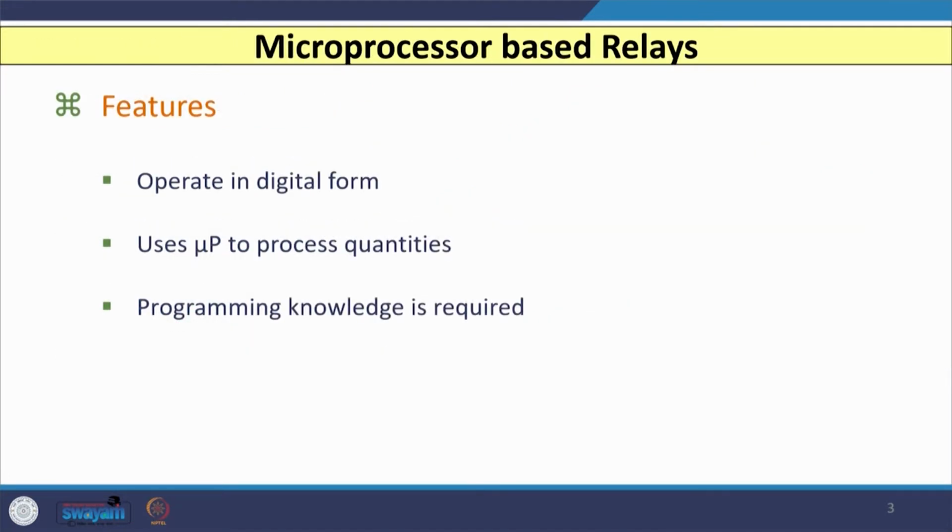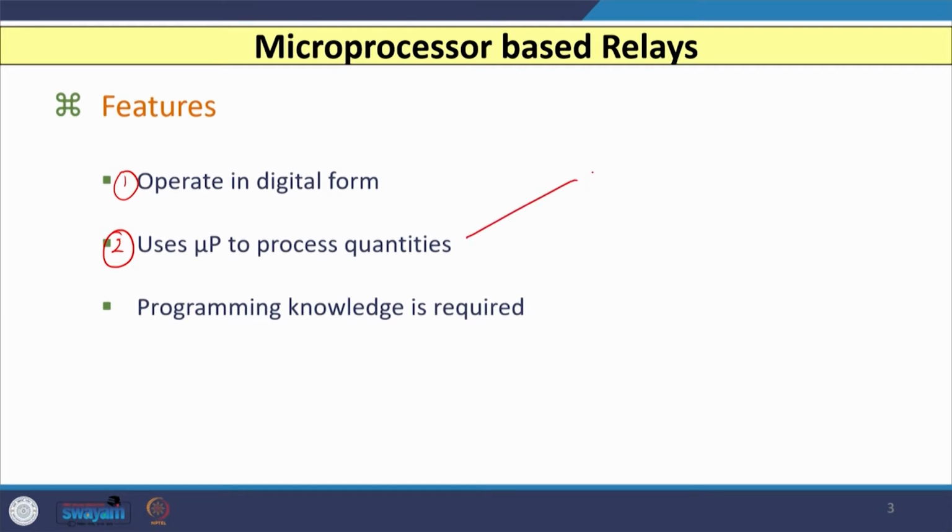Now, let us see the third generation of relays, that is known as microprocessor based relays. The important features of microprocessor based relays are: the first feature is they operate in digital form, not directly in analog form. The second feature is the microprocessor is utilized to process the acquired quantities.